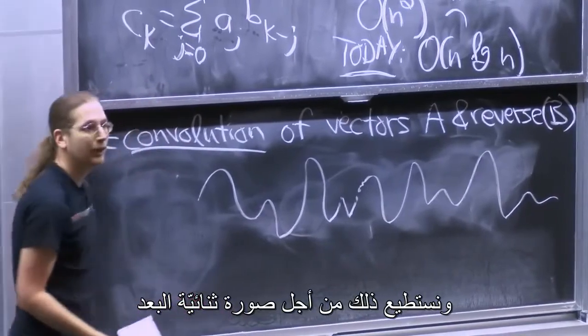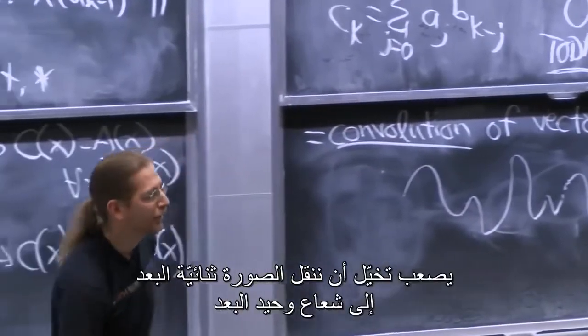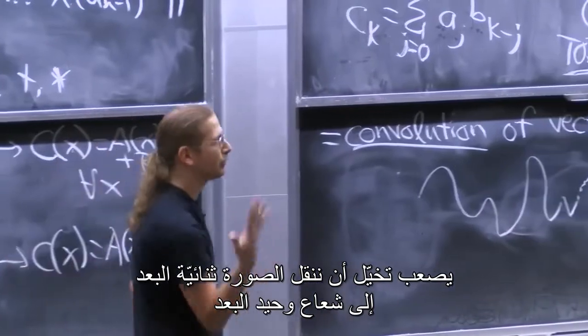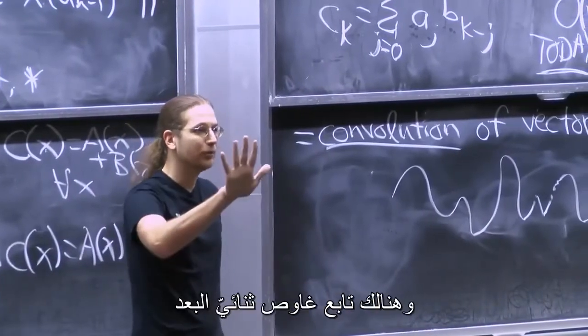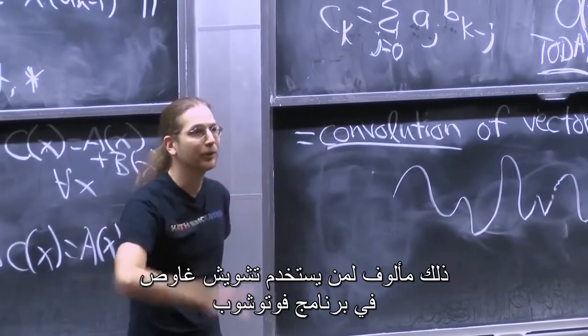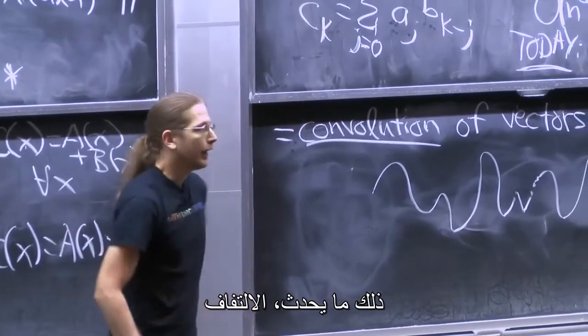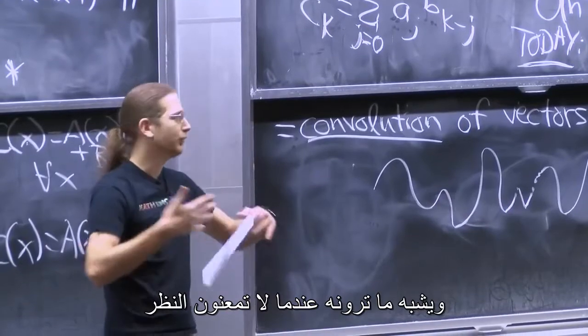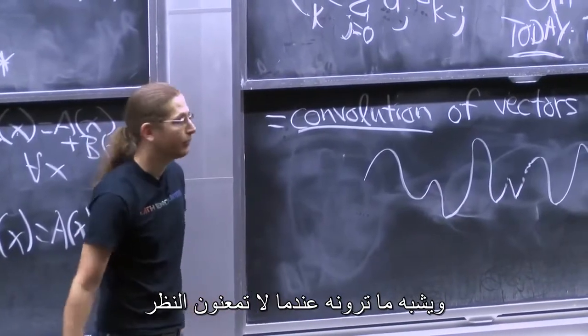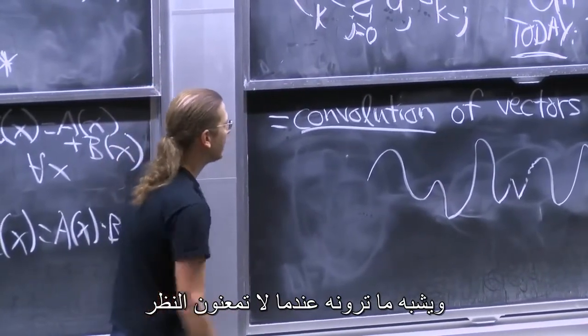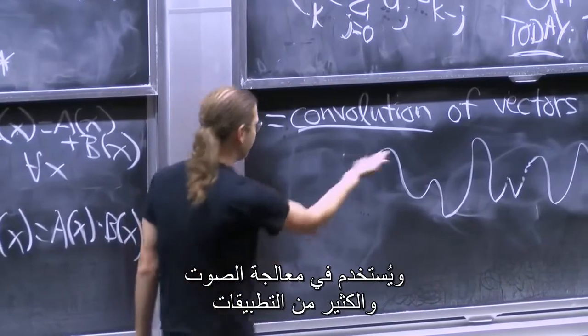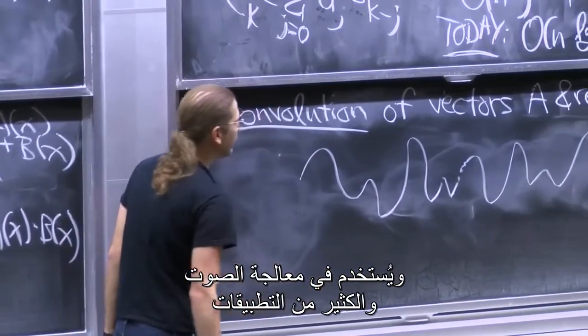You can do the same thing on a two-dimensional image. It's a little harder to think about, but you can map a two-dimensional image to a one-dimensional vector, and you have a two-dimensional Gaussian. If you ever do Gaussian blur in Photoshop, this is what you're doing, a convolution. And it's used as if you pretend that your lens was out of focus when you do that. It's done in audio processing and all sorts of things.